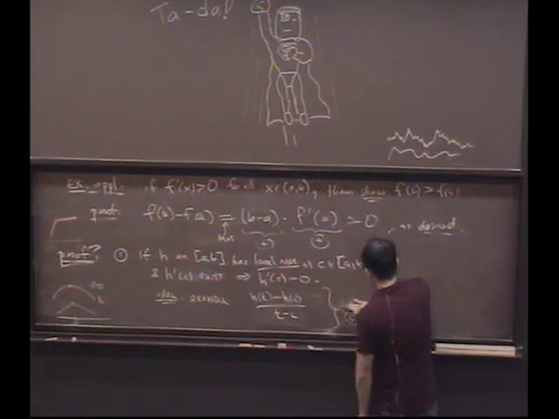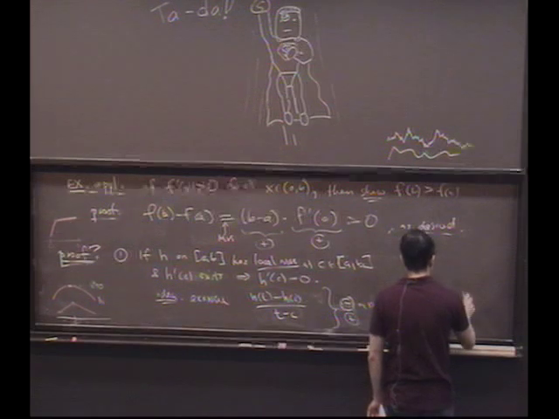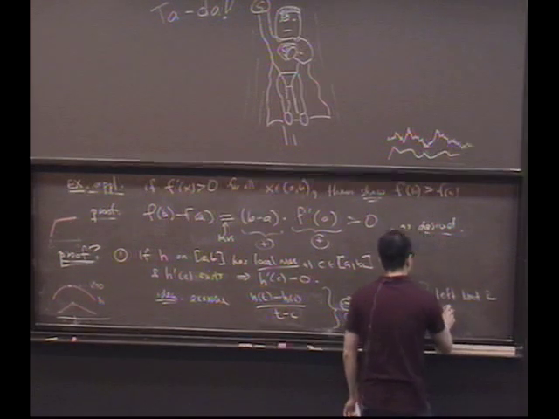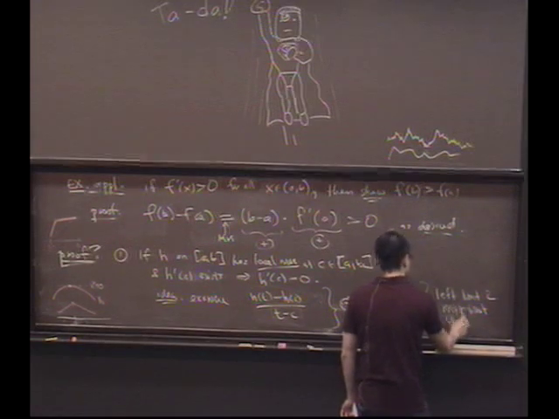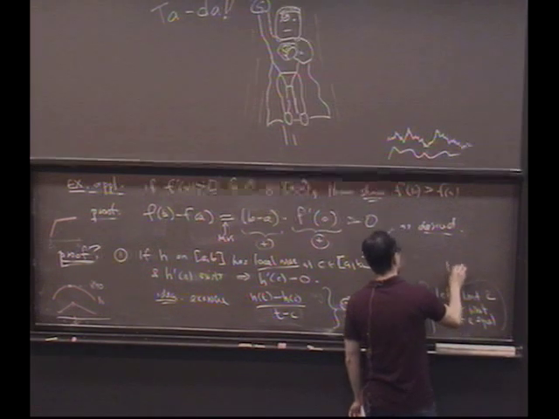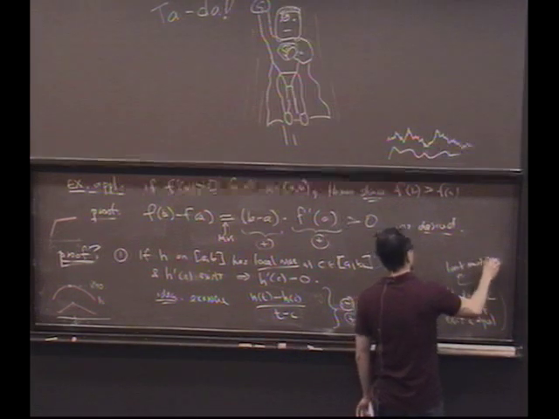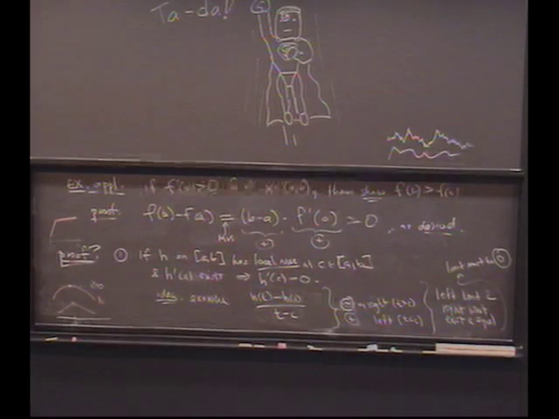So since the left limit and the right limit exist and are equal, the limit must be 0. Okay? Everybody happy with that? That's a simple version of, I think this is called Rolle's theorem. Okay, great.